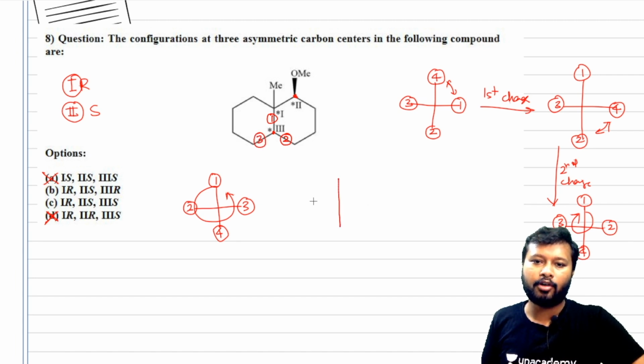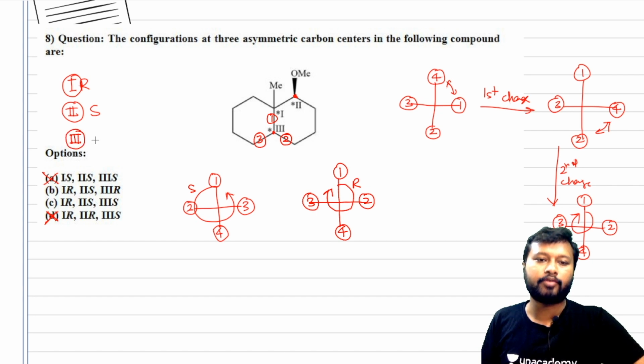Now if I draw it on this Fischer diagram, first will be here, second will be here, third is over here, and fourth is here. Again, I don't have to do anything, I just have to see the rotation, and since the rotation is clockwise, it is going to give you R. The previous one was S. So my third chiral center is going to give me R. So R, S and R, that is my answer, and that's why option number B is the correct choice.